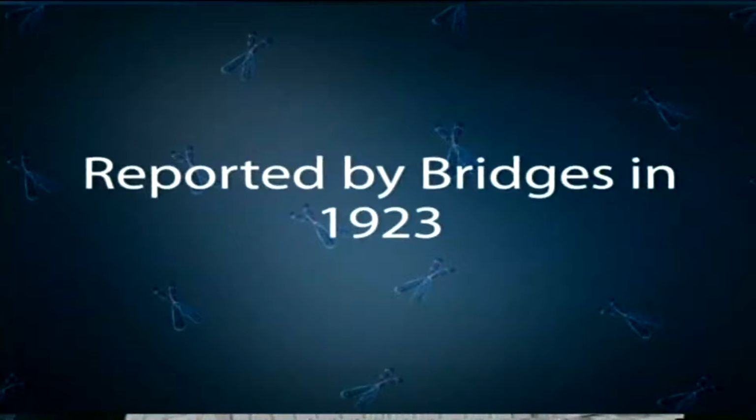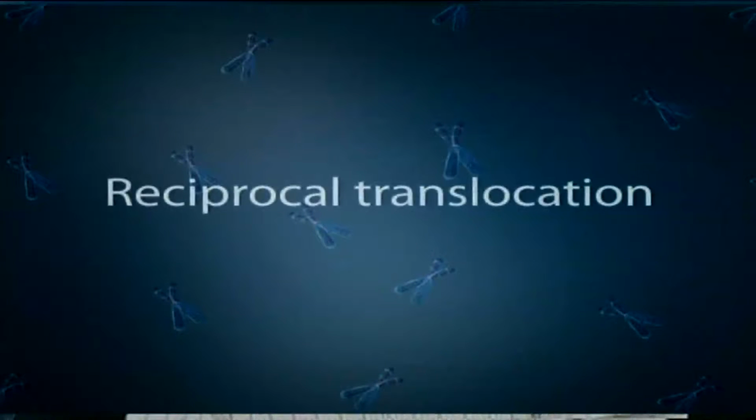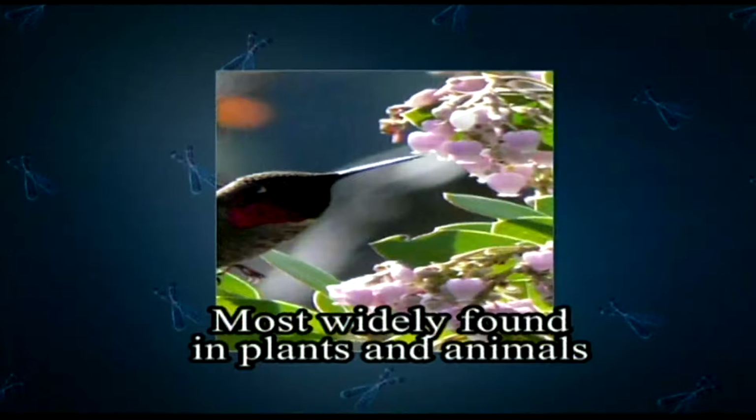We have another type of translocation which we call reciprocal translocation. This is the most widely found type of translocation in nature and has been reported in so many plants and animals. This type of translocation has tremendous evolutionary significance also.